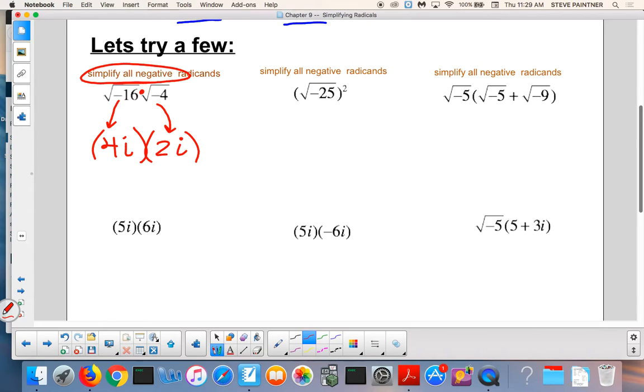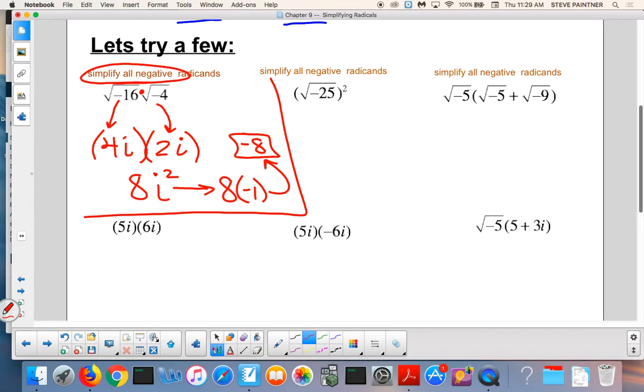Take your coefficients 4 and 2: 8. Take your i's, which are like variables: I times I, I squared. Is that the answer? No. I squared is negative 1, so 8 times negative 1. The answer is negative 8.